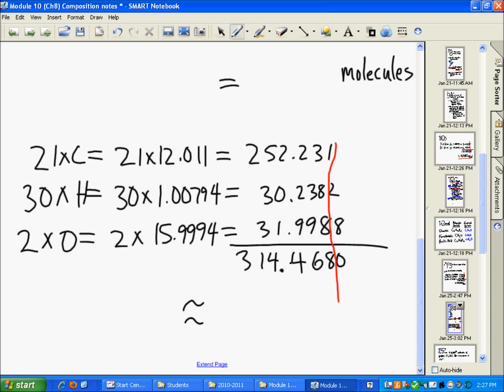So 314.468. And what's the unit on that? Grams per mole. Always grams per mole. So 314.468.